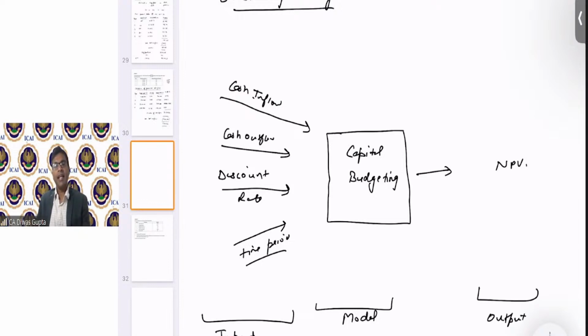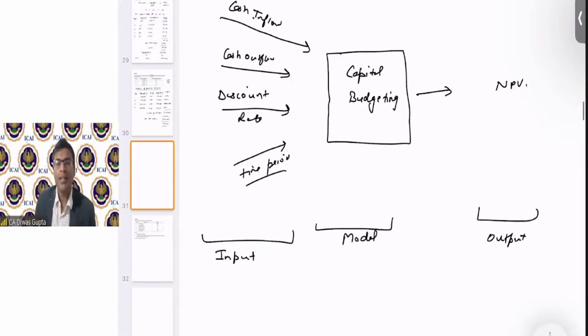We will arrive at NPV. In CA Inter, you would have studied that apart from NPV, we also calculate payback period and other things, but I'm restricting the discussion as of now to NPV. So the net present value is the output from this model.